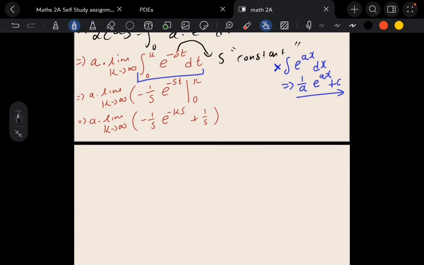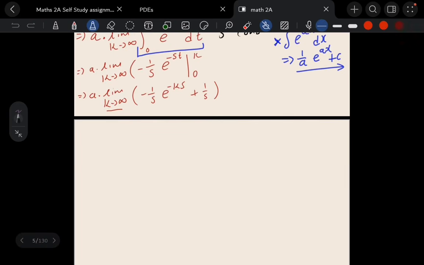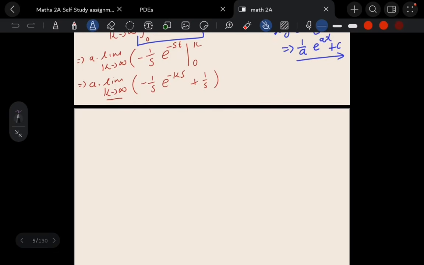Right. Now when you take the limit, I'm just going to explain it as smoothly as I can because I don't want you to be misled with the calculations here.